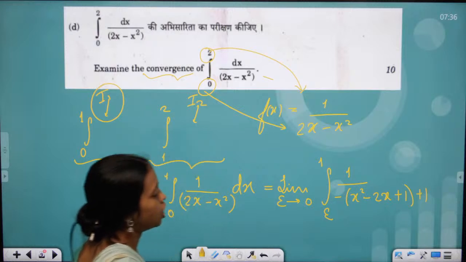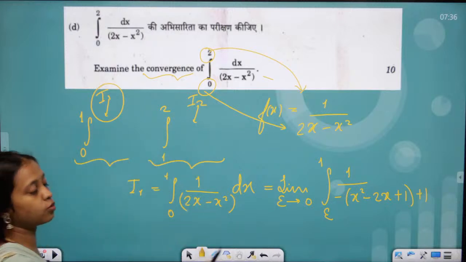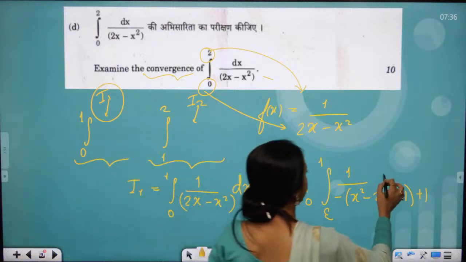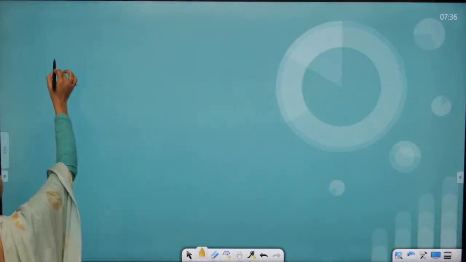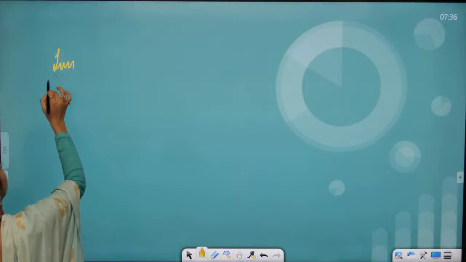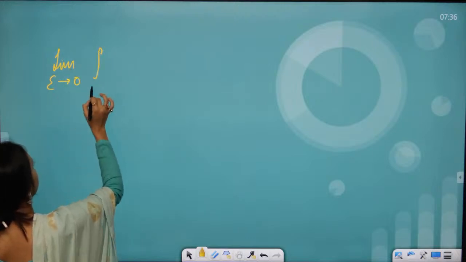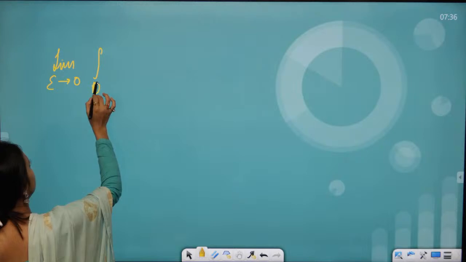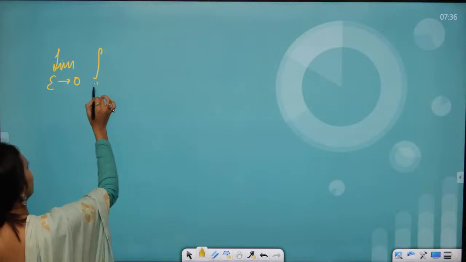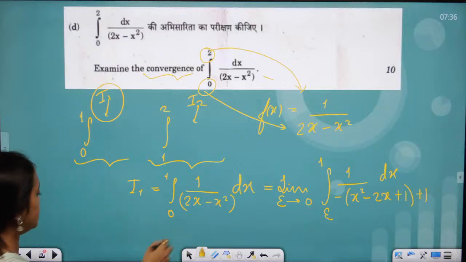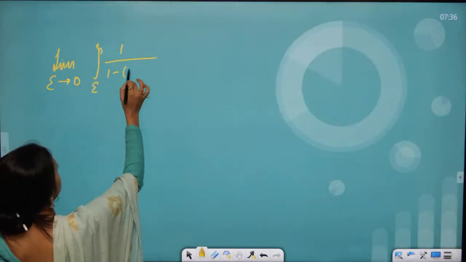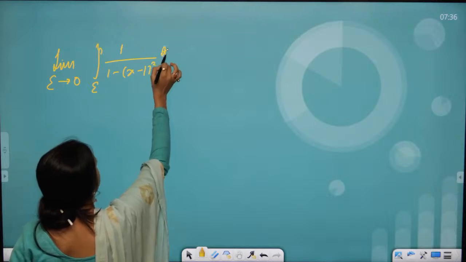So it is 1 minus (x minus 1) whole square dx. So it becomes limit epsilon to 0, integral from epsilon to 1, 1 upon 1 minus (x minus 1) whole square dx.